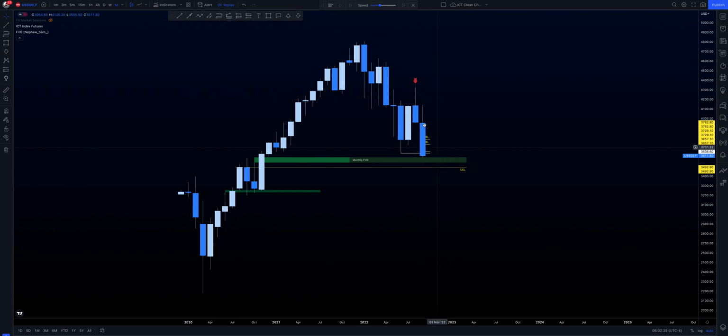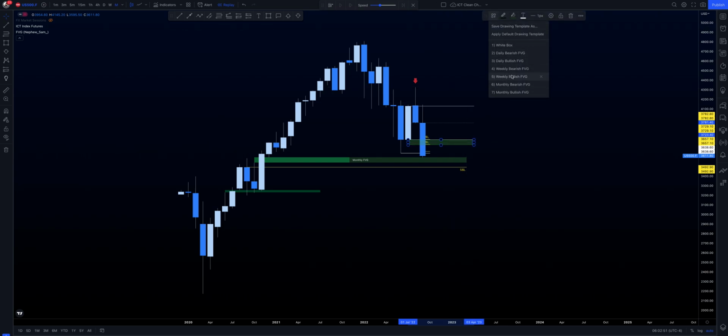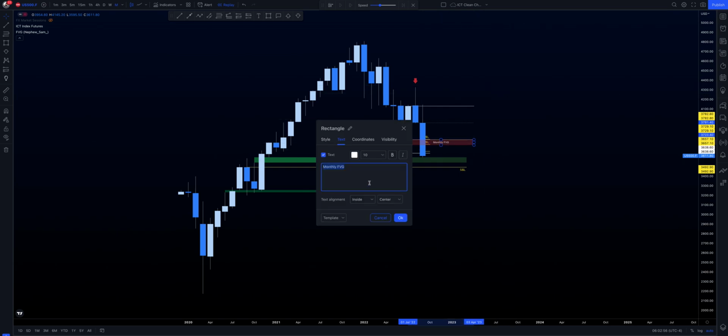And now what we've got here is a monthly bearish order block. So I want to take the monthly threshold of that order block. There you go. So it's already respecting that. So the power of 3 is going to be trading up into this rejection block here. I'll just label that as a monthly bearish fair value gap and delete the words.